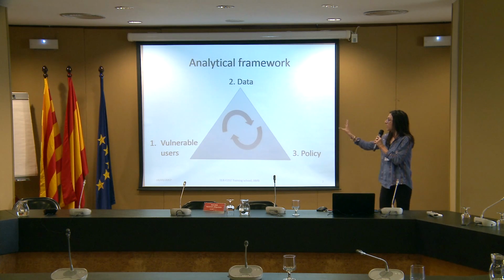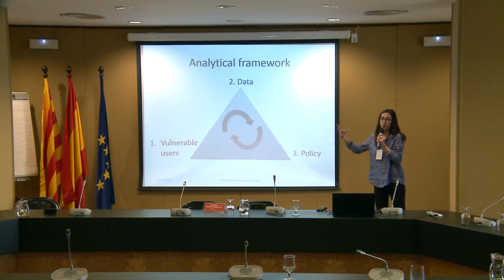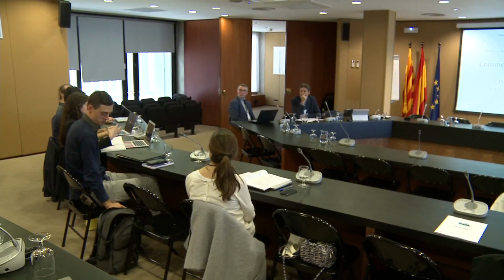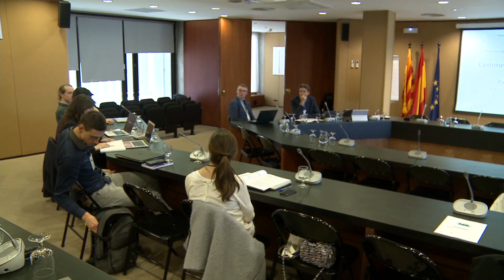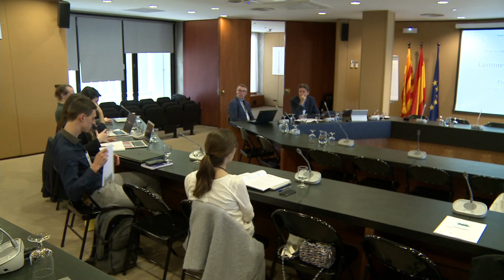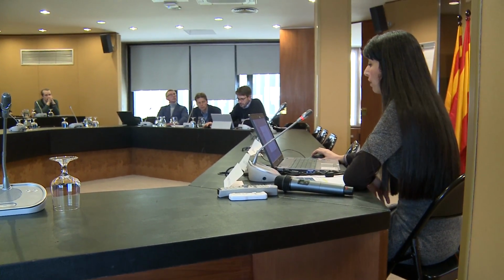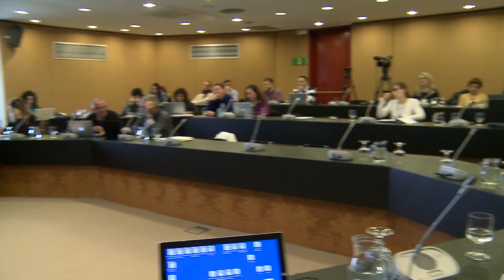So first of all, we looked at the vulnerable users, which were, in our case, elderly people, so 75 years old plus. Then we looked at data collection: how to approach the elderly population, which potential disability they may have, which type and which intensity, and how to collect such data by active or passive data collection.